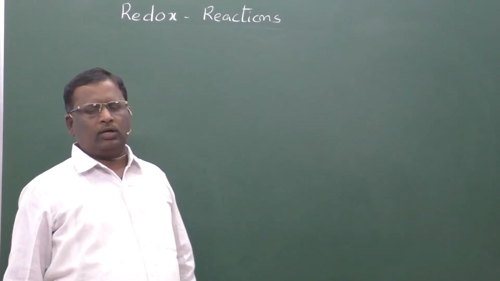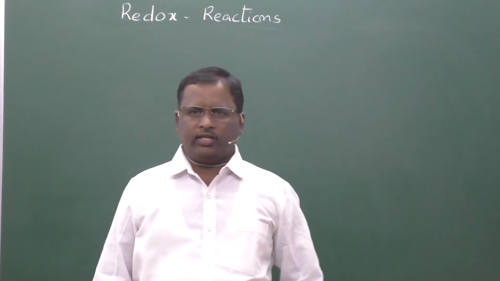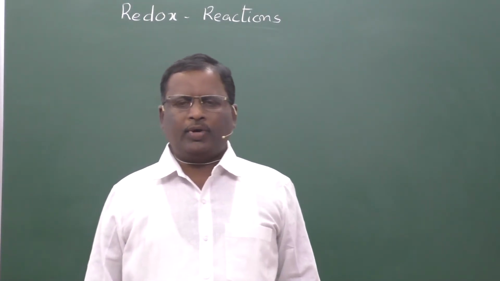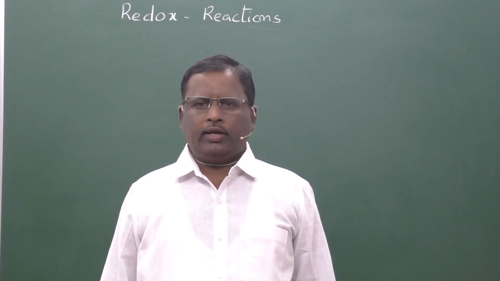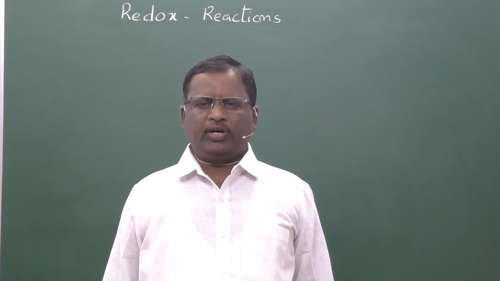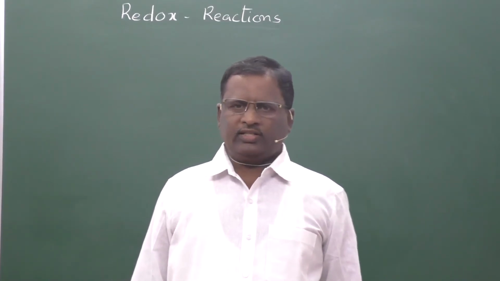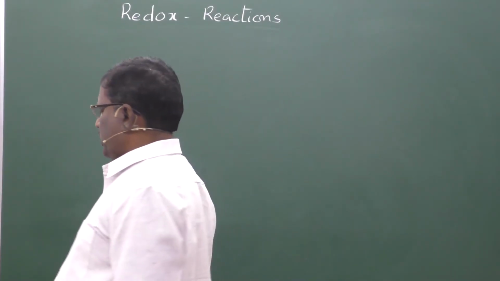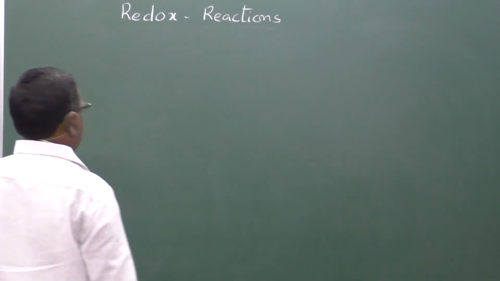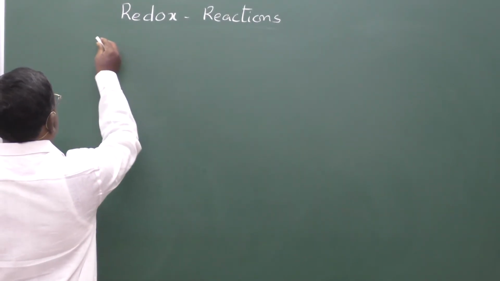So, now let us see how to balance an ionic equation by the half reaction method. Let us take the oxidation of ferrous sulfate into ferric sulfate by potassium permanganate in acidic media.